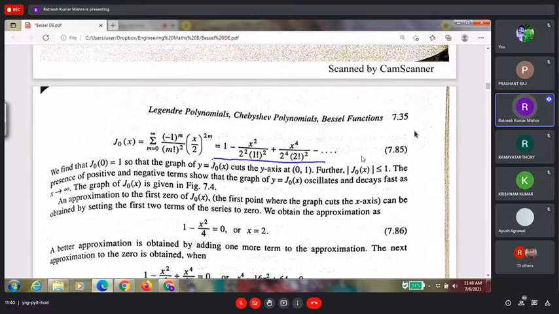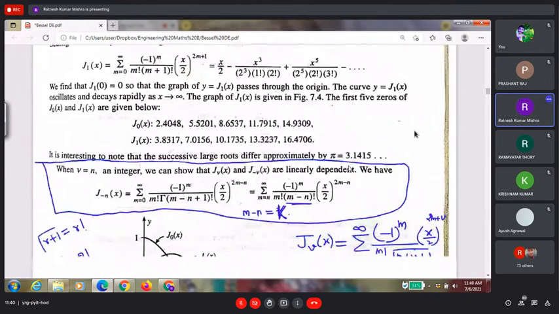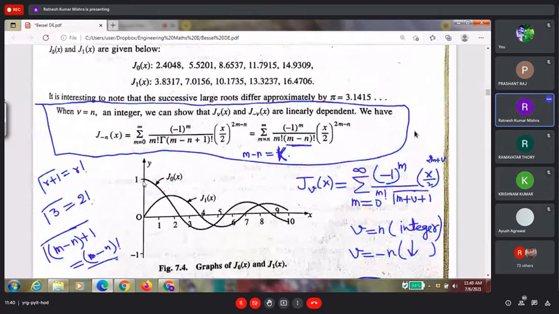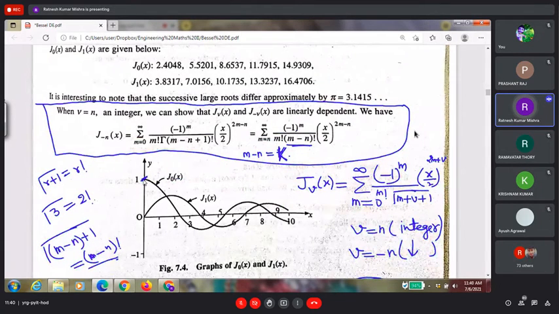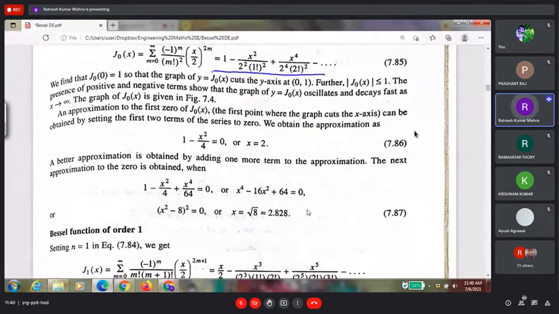So we can see that by the graph of J0(x), this is the cut on the y axis at 1. So this is the graph of J0. Similarly, when you substitute n equal to 1, we can find J1. So this is the graph of J1. So you can find J0 and J1.